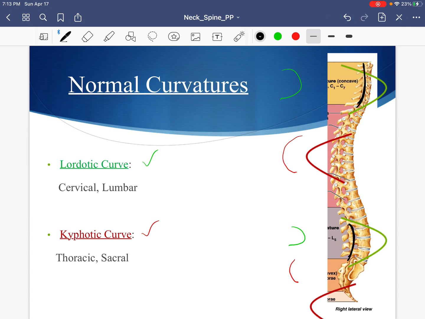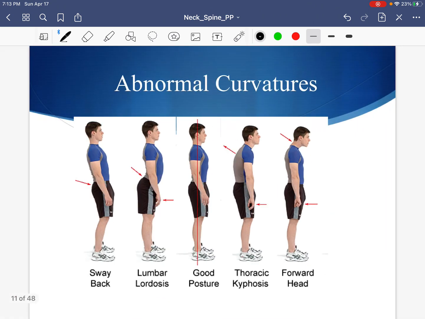And then we have a normal amount here. Again, it shouldn't be too much, shouldn't be too little. And then the same here. So this approximates what's considered normal. However, if they are exaggerated, then we get what's called kyphosis and lordosis.